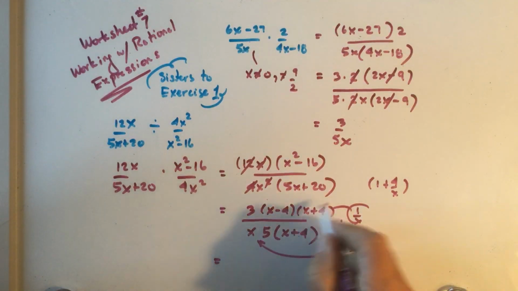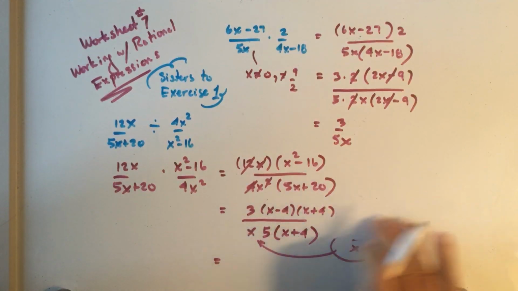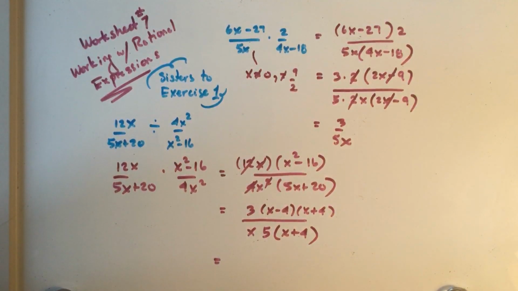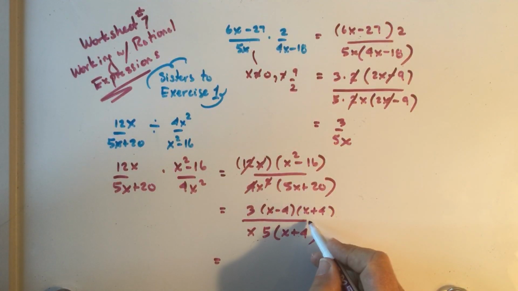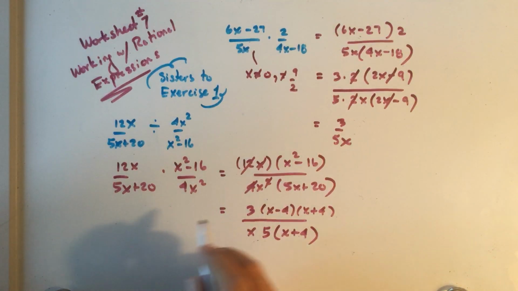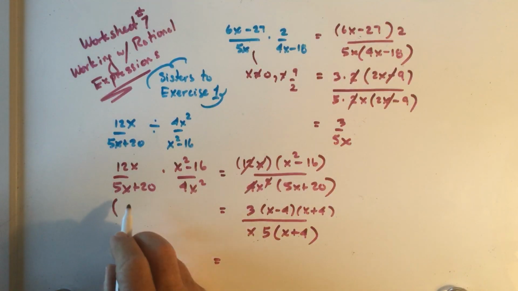You cannot just go slashing x's. If you do not understand that, seek help. And I will guarantee you some of you don't understand that. Okay, I'm about ready to take this common factor x plus 4 and this common factor x plus 4 out. But remember, before I do, I'm going to come back over here and say, you know what?